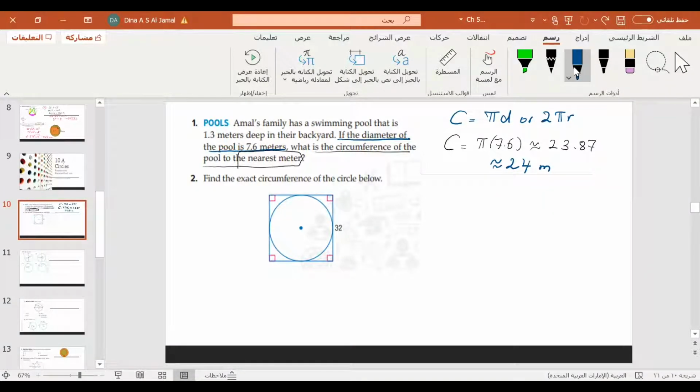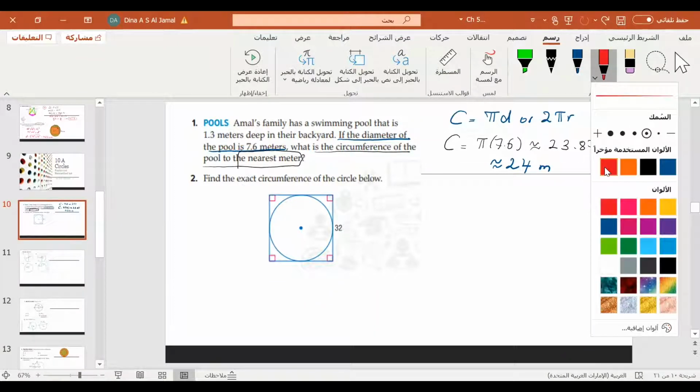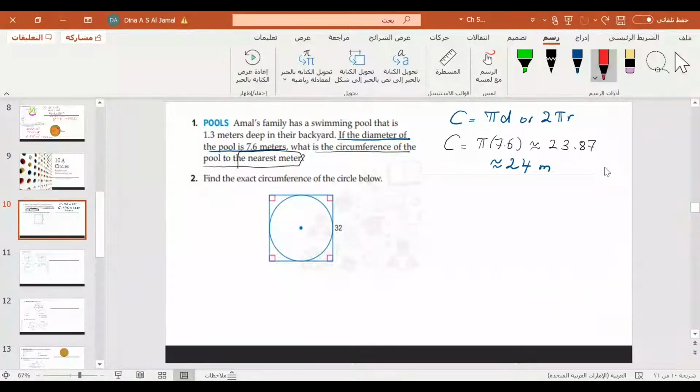Great. Now let's go to the other question, which is a bit tricky. Find the exact circumference of the circle. So he gave you a circle which is inside another polygon. That means this polygon, which is the square, is circumscribed about this circle.